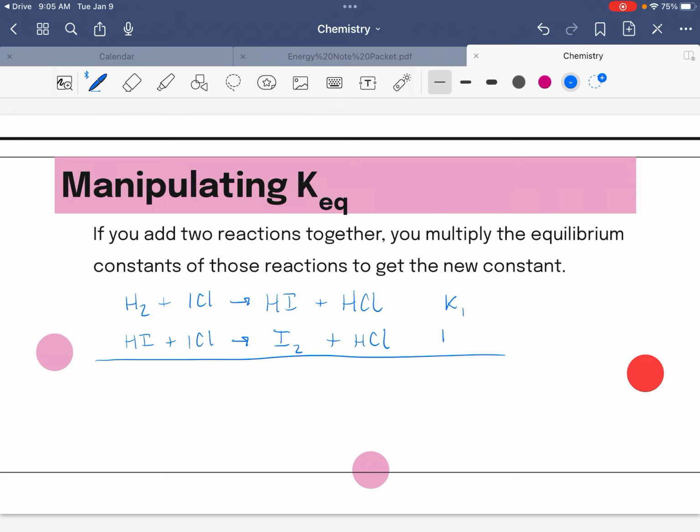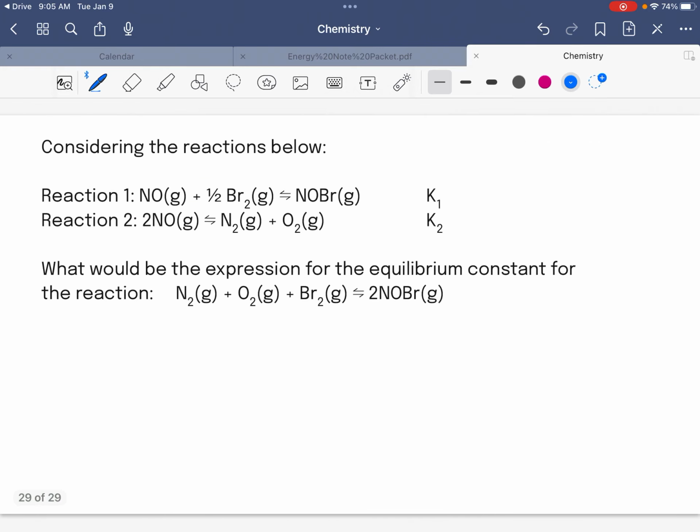This has a K value of K2, which represents the constant for that equation. When we combine them, we would have H2 plus 2ICl, because our HIs are going to cancel, yields 2HCl plus I2. So to determine our K for the reactions when combined together, we would take K1 times K2. If they gave us values, we would be able to multiply those together.